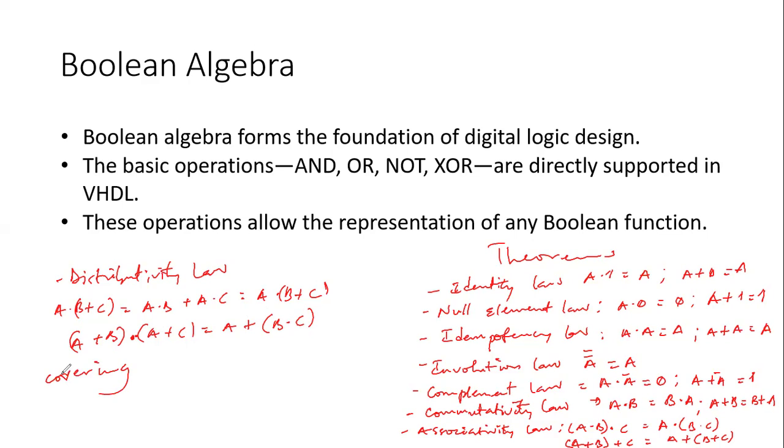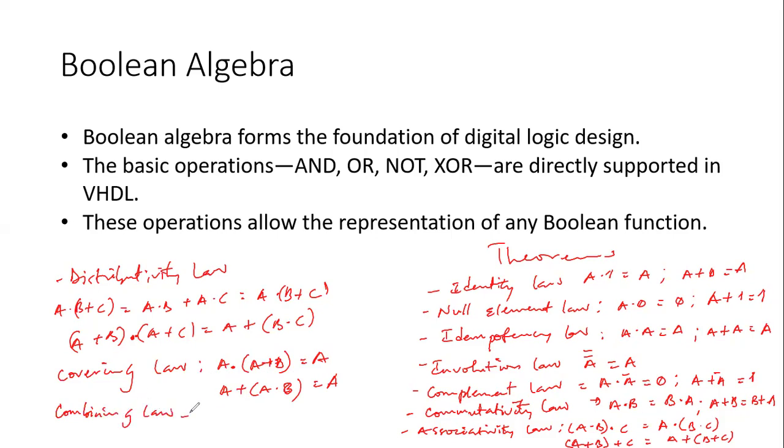Then we have the covering law. Note that A dot A plus B is equal to A. And by duality, A plus A dot B, okay, let's say B is equal to A. Then we also have the combining law, such that A dot B plus A dot B bar is the same as A. So even when this is 0 and this knocks off to 0, then 1 plus 0 is still 1.